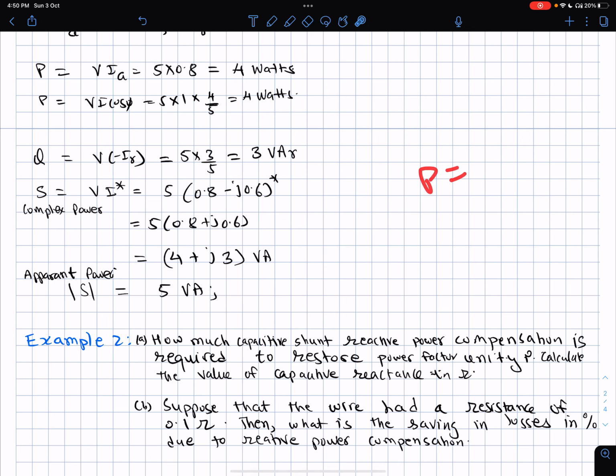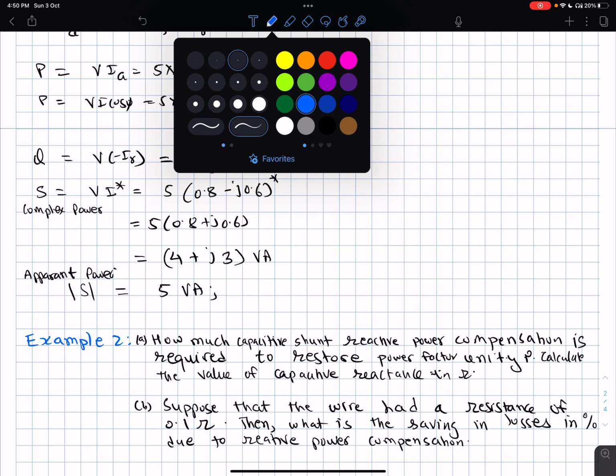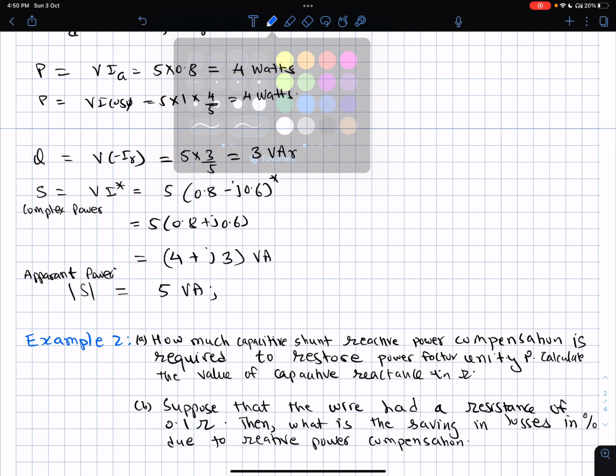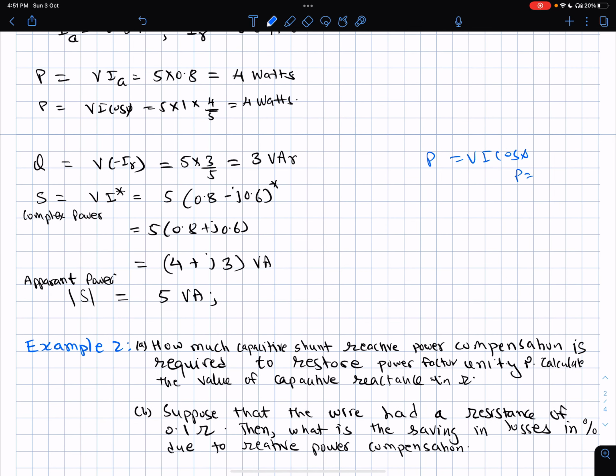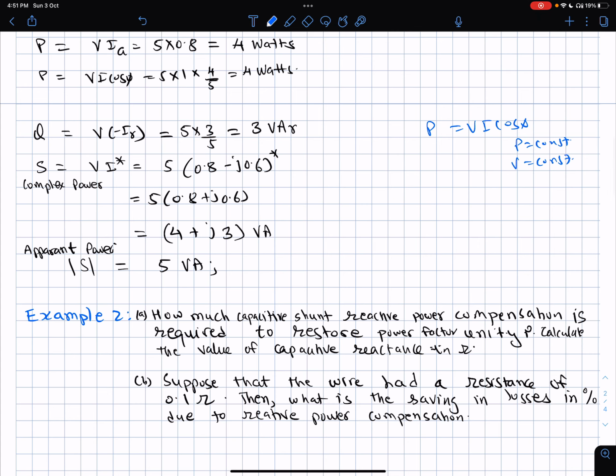Basically, suppose P equal to VI cos phi. Now, let me use a blue pen itself. Look at this. Suppose P, we know, is VI cos phi. Now assume that P is constant, and V is also constant. Then what do we get?